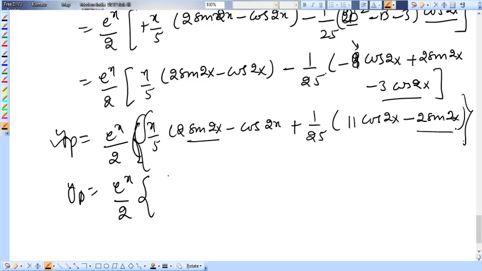Okay, so I'm just directly doing this. Okay, so this is 2 sin 2x. Okay, so 2 by 25, right? And this is 2x divided by 5, right?